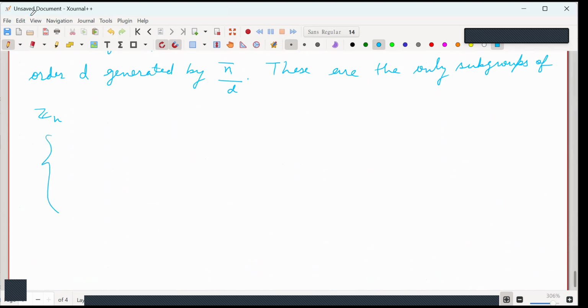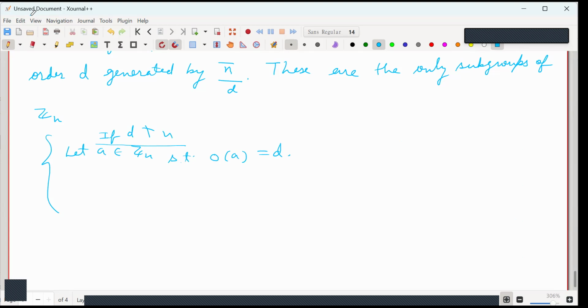So let a belong to Zn such that the order of a is d. In this case, n is 345 and d is 26.